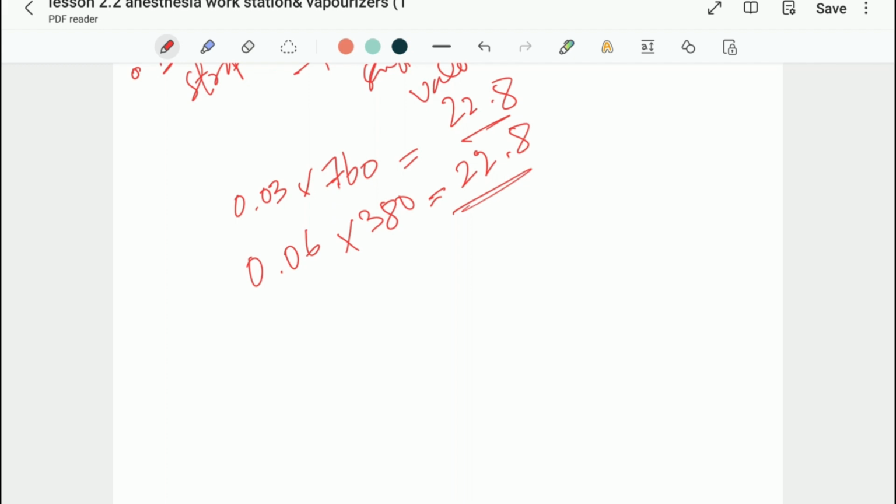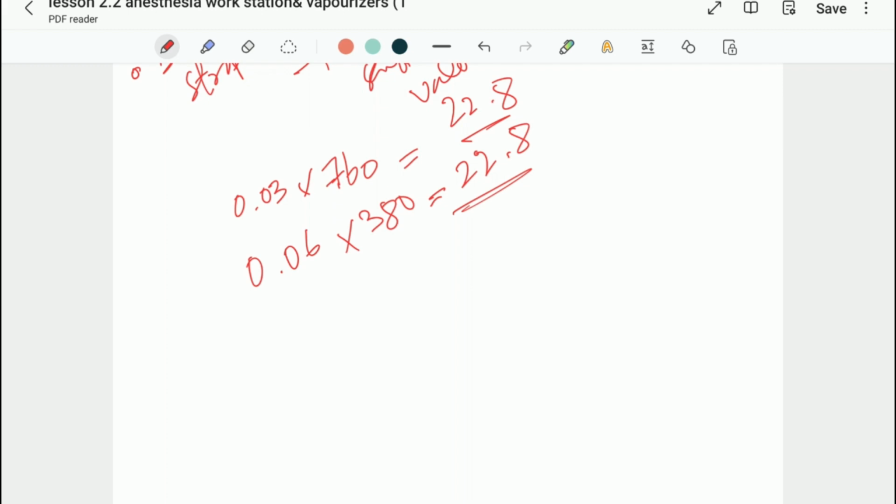Now, what is the effect of very high fresh gas flow rate, that is greater than 15 liters per minute? At very high flow rates, the output concentration will also tend to be lower than the dial setting. Okay? So in both cases it will be lower as compared to the set dial setting. Now, why does this happen? It basically happens because of incomplete saturation.